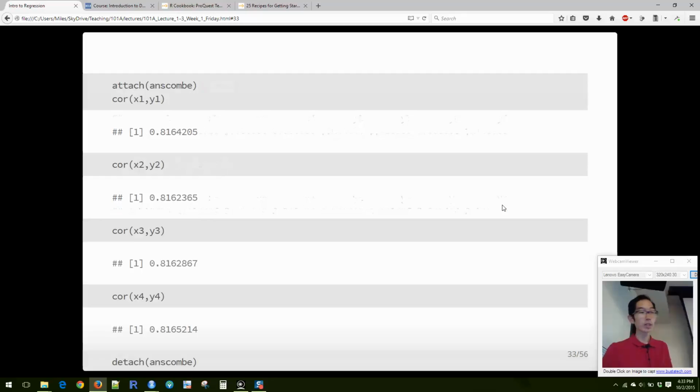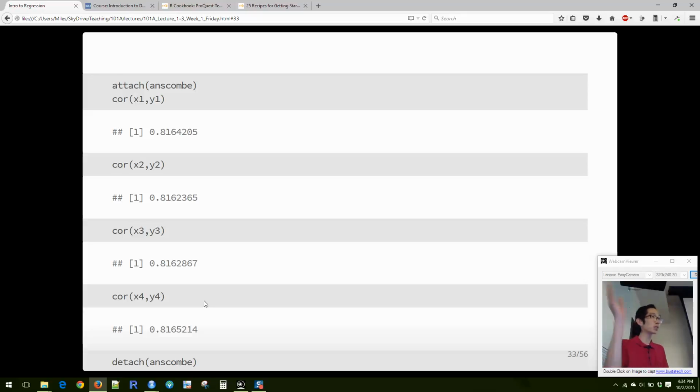And we can even ask, what's the correlation between x and y? So we look at x1 and y1, and we get a correlation of 0.816, 0.816, 0.816, 0.816. So we're getting the same correlation values. So it might be tempting to just say, oh, okay, because of all of these things, they're actually going to have the same fitted regression line.